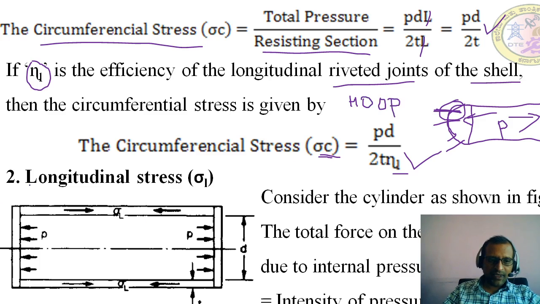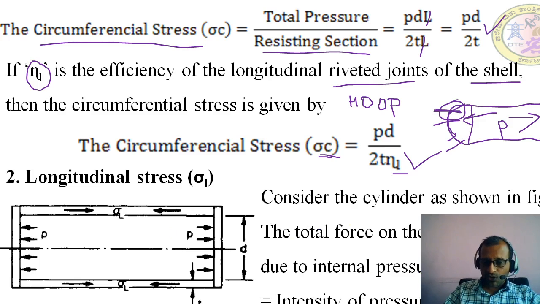The second one is longitudinal stress, sigma 1. So consider the cylinder as shown in the figure. It is something like this. When it fails along the circumference, it is called circumferential stress. If it fails along the longitudinal way, then this is called the longitudinal stress.